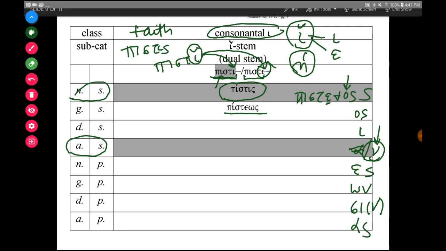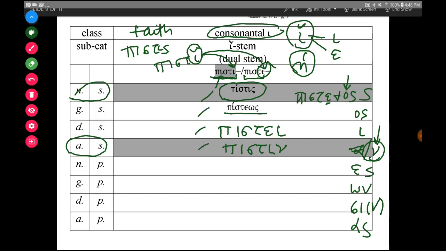That's not a typographical error: it is an omega, not an omicron, in the genitive. For the dative singular, it uses piste as the stem, add the iota to it, and it becomes pistei. The accusative singular uses pisti as the stem, add the nu to it, and it's pistin. So the forms are pistis, pisteos, pistei, pistin.